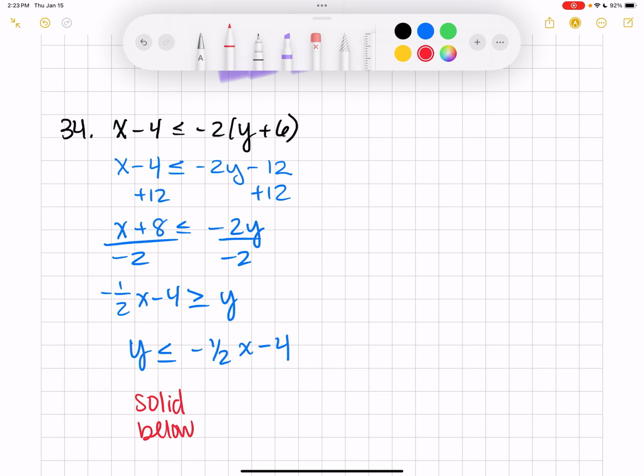So I get x plus 8 over negative 2, negative 1/2 x minus 4 is greater than or equal to y, but I need to flip the whole thing over. Notice when I divided by the negative, I swapped my inequality, but I need y on the left, so I flipped the entire thing over, and so it's y is less than or equal to negative 1/2 x minus 4. It is solid, and it will be shaded below.